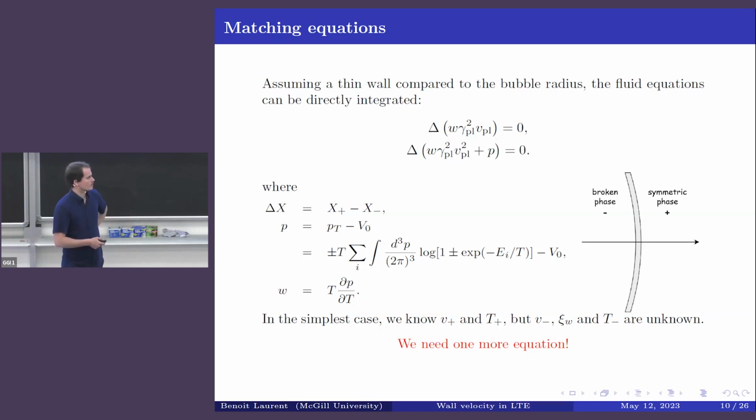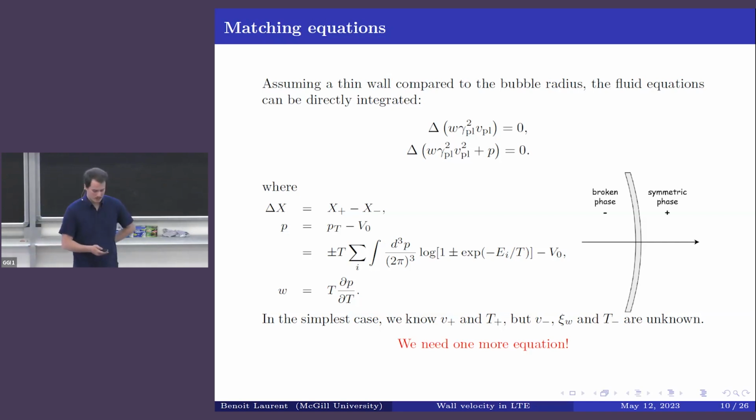For example, in the simplest case for detonation, v plus and T plus, the quantities in front of the wall, are unperturbed, so the plasma is not perturbed by the wall in front of it. So v plus will just be equal to the wall velocity and T plus to the nucleation temperature. So at the end, we only need to recover 3 unknown parameters, but we have 2 equations to do that.